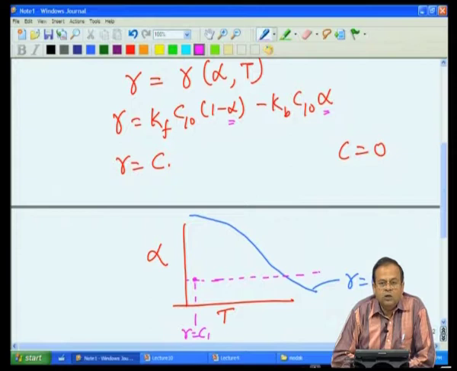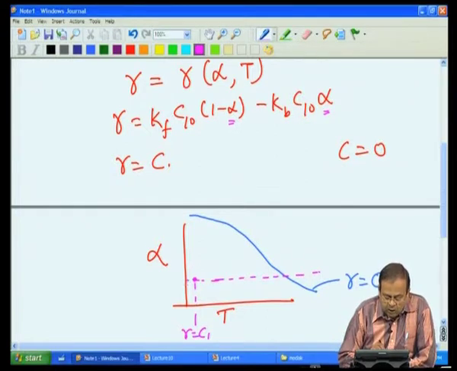Now, I go on increasing the temperature. So, you expect that the rate of reaction will increase. Indeed, if we travel along this horizontal line, compared to this point, the rate at this particular temperature will be slightly higher. The rate at some other temperature will be even higher. So, the dot represents a lower reaction rate, the star or cross is a little higher, the square a little higher.